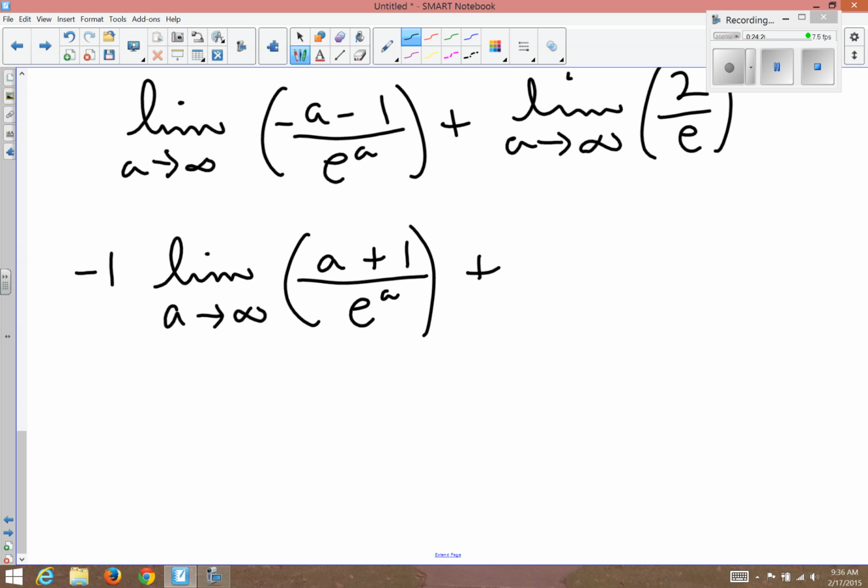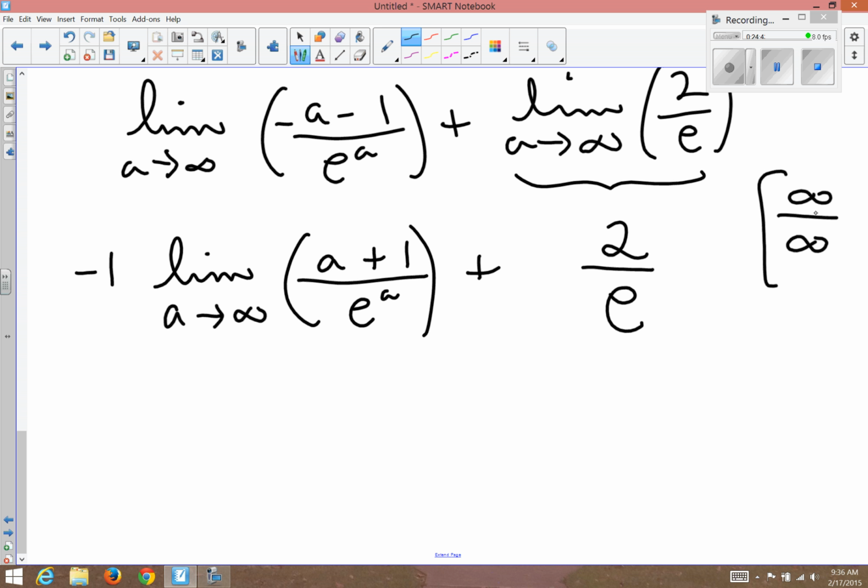And more about limits. The limit of a constant is the constant. It does not matter what a is approaching. There's no a over here. This limit can be accomplished using L'Hopital's rule, because if a is infinity, the top and bottom of this are both infinity. We can use L'Hopital's rule for infinity over infinity.